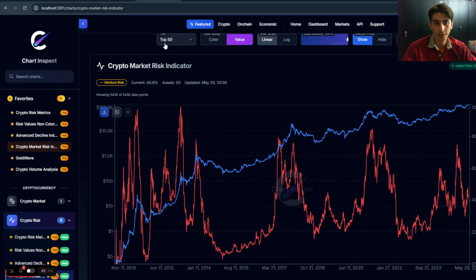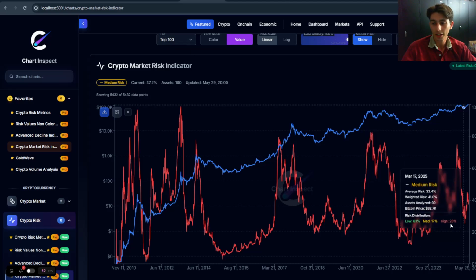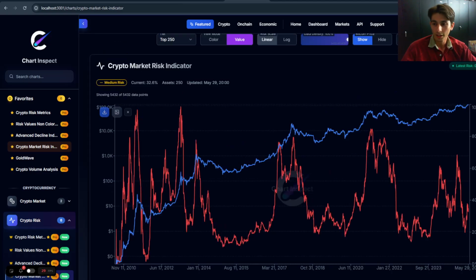Similarly, if you go onto the top 100, you can see that we actually hit a much lower low in terms of risk. And if you keep going down the line, the top 250 altcoins, we're actually at an average risk of 20, which is a low risk on the chart.